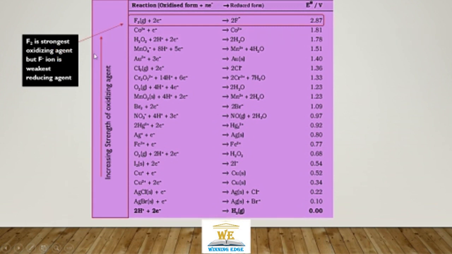The reason is that they can oxidize other species by taking electrons. The species formed next is the weakest reducing agent, because the reverse of this reaction is the conversion of fluoride into fluorine, which is losing or providing an electron. So it is acting as a reducing agent, and it will be minus 2.87 here. Fluoride is the weakest reducing agent we have.